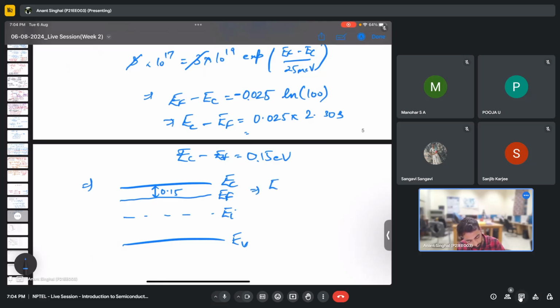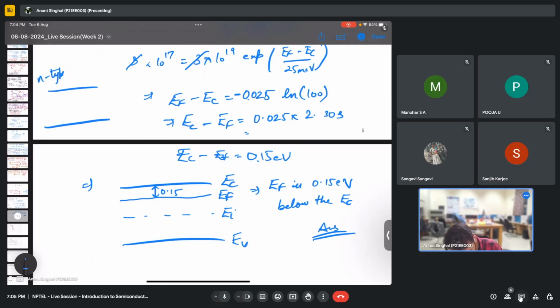So EF is 0.15 electron volts below the conduction band EC. This is the answer. So what you have noticed is for an n-type semiconductor, the Fermi level is always close to the conduction band.